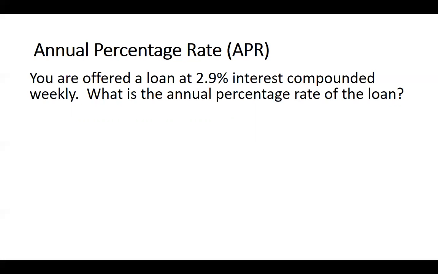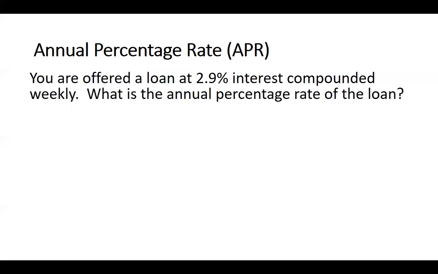You're offered a loan at 2.9% interest compounded weekly. What is the annual percentage rate of the loan? And let me just clarify one more thing. What we're doing is turning it into 1 year, but we're really doing a comparison of if it was for 1 year, how does that compare to simple interest?